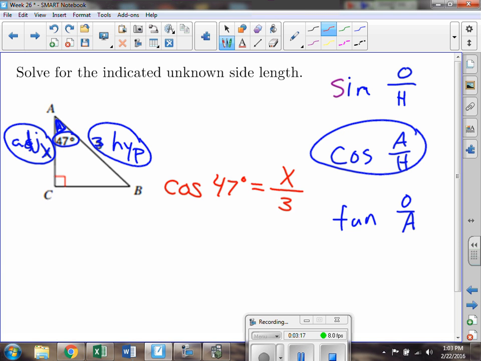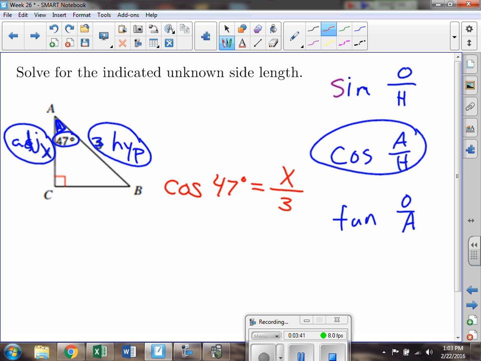This is the primary skill we have to have. This is the work that's done completely in your head. You have to have the skill of looking at the triangle and analyzing it as I just did to create an equation like this in the red. After you create the equation, solve it. Use your calculator and you're done.